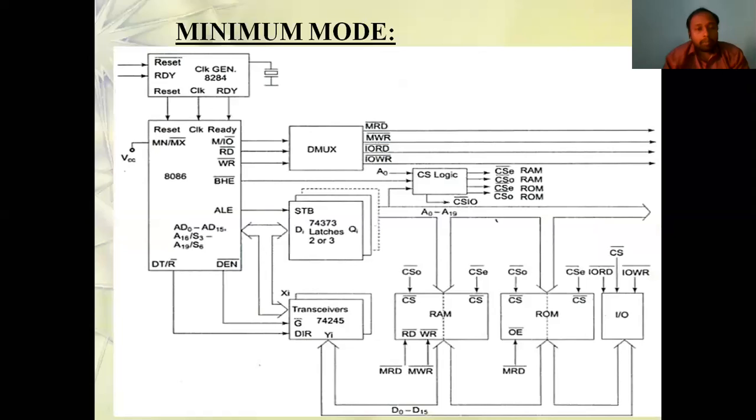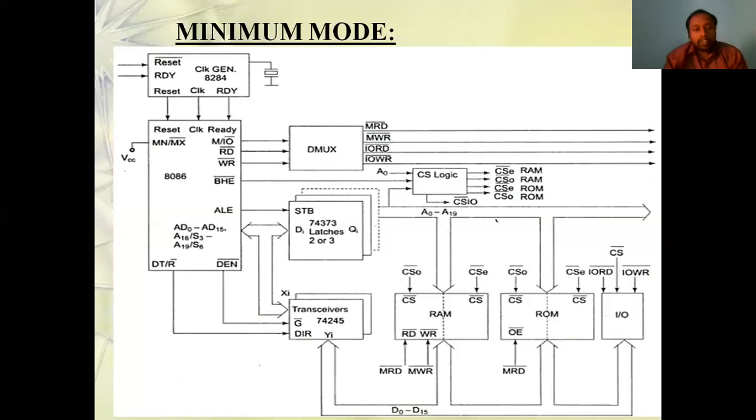Coming to the minimum mode, this is the diagram. As I said previously, from the examination point of view, in most cases they may not ask, but there is a chance. So just remember this block diagram of the 8086 microprocessor.